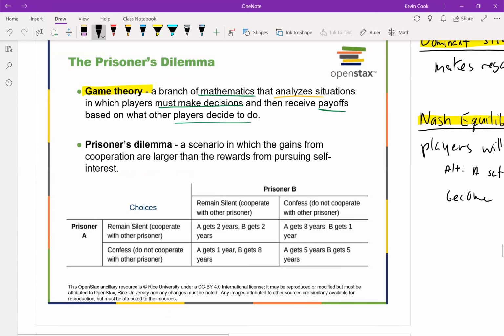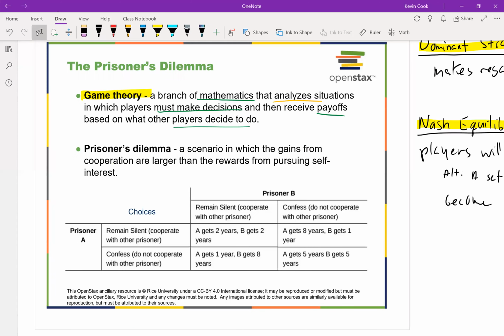The common scenario game that we're going to play is a game that gives us what's called the prisoner's dilemma. In the definition, the gains from cooperation are larger than the rewards from pursuing self-interest. Basically, ideally we could both cooperate.